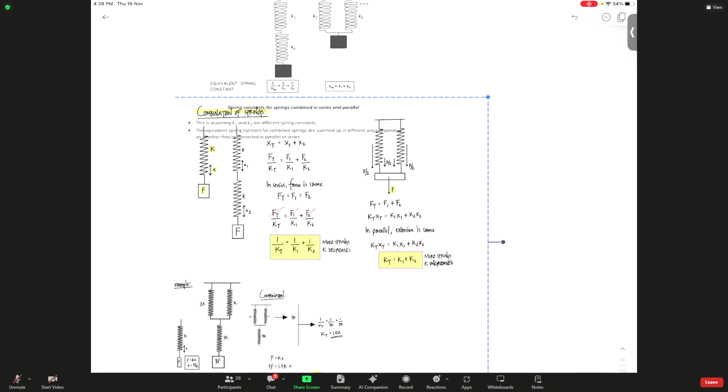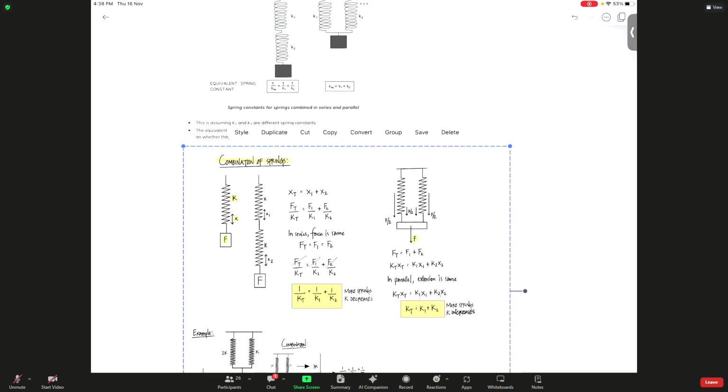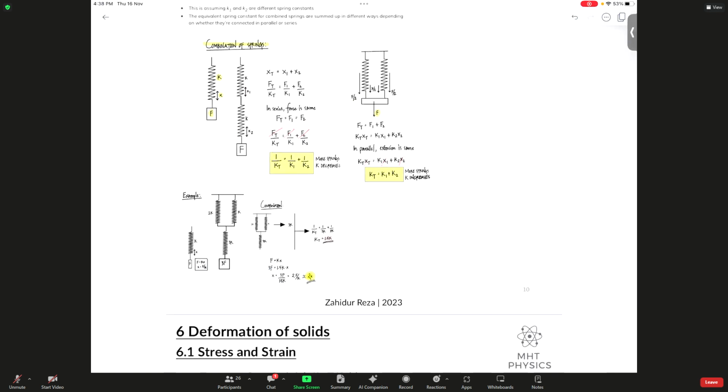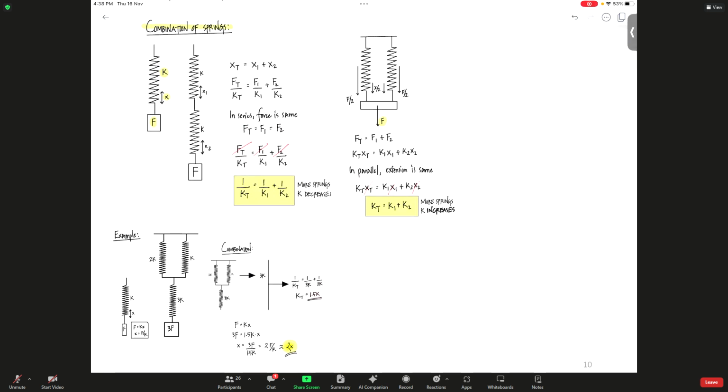I want you to understand this as well. Just remember one thing: when your springs are combined in series, the total spring constant is given by this formula. And when springs are combined in parallel like that, the total spring constant is provided by that formula. So have you done this derivation?